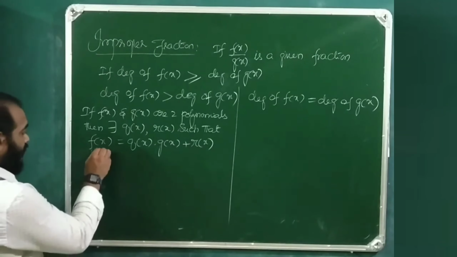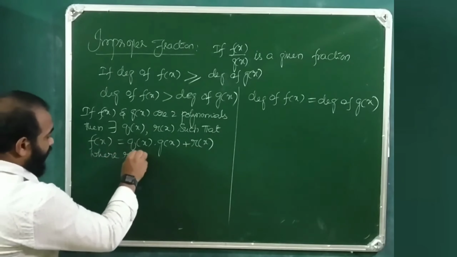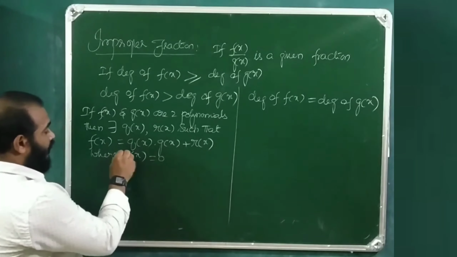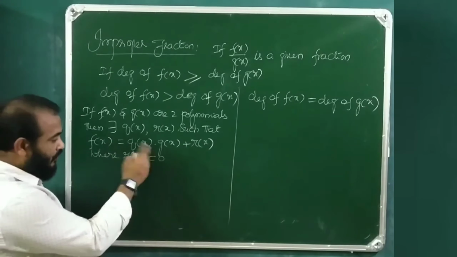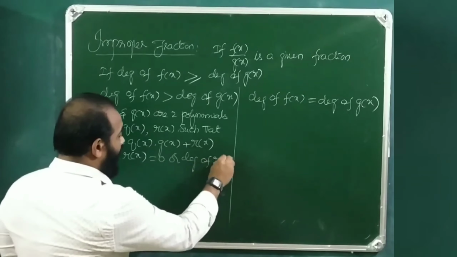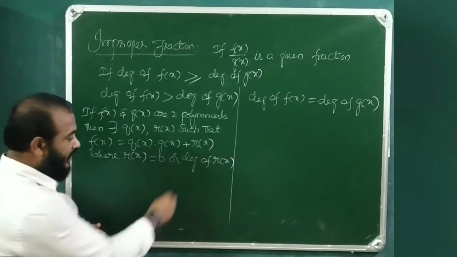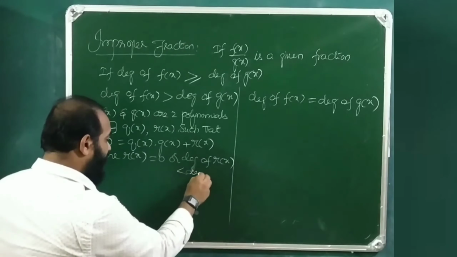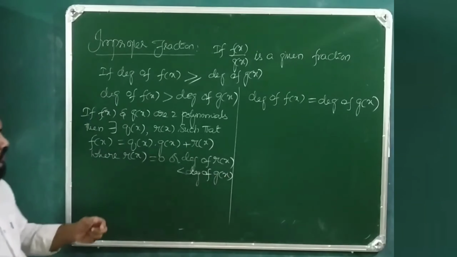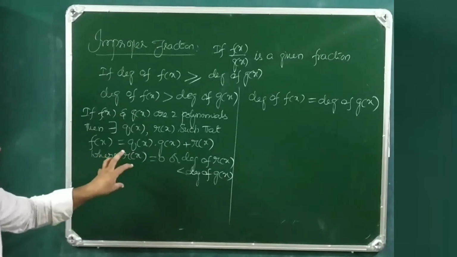Here r of x could be 0, or the degree of r of x is less than the degree of g of x. So this is the division algorithm.